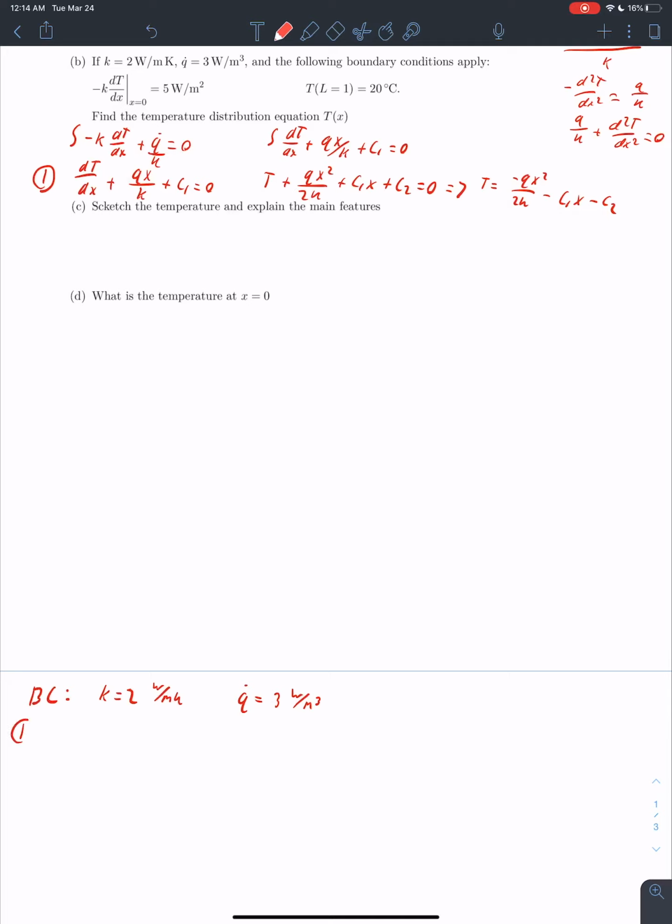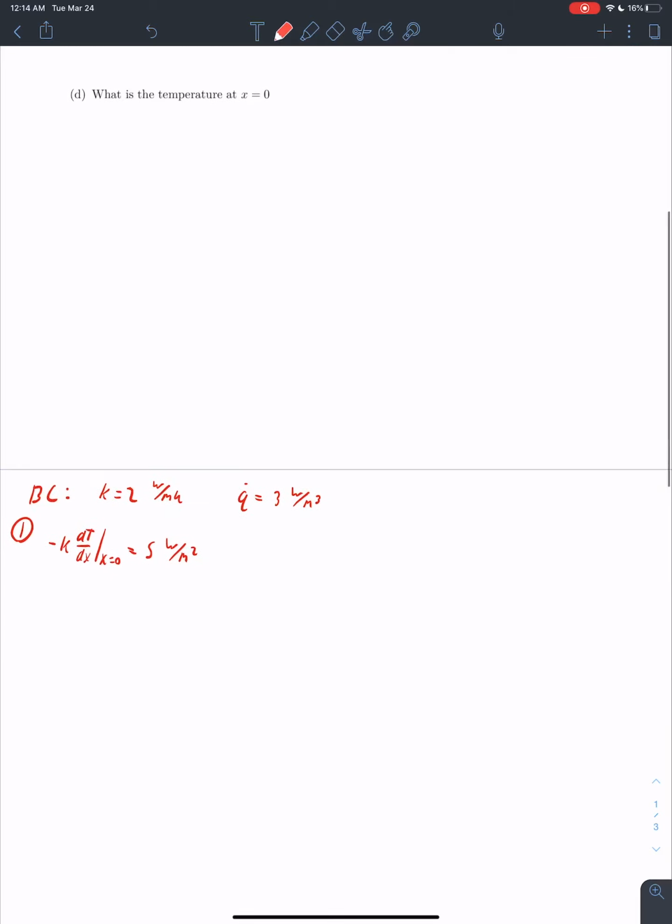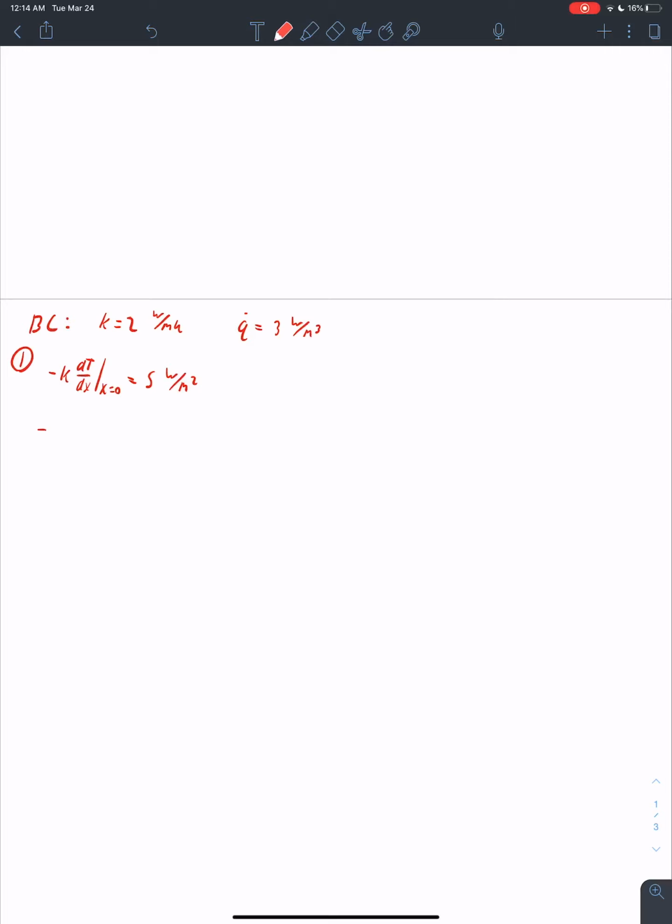The first one here, negative k dT/dx at x equal to 0 is equal to 5 watts per meter squared. This can also be written as negative k c1 is equal to 5. So c1 is equal to 5 divided by negative 2, so c1 is equal to negative 2.5.